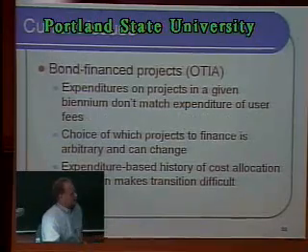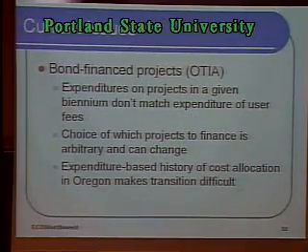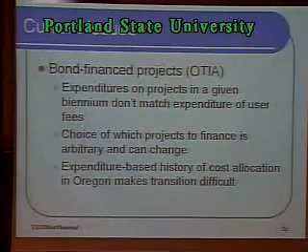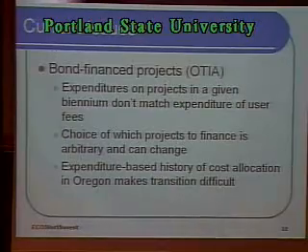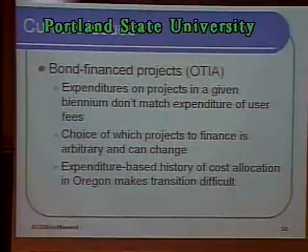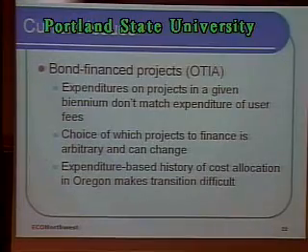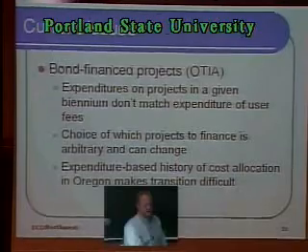Another big issue is the bond finance projects, as I mentioned before. The amount of expenditure in a given biennium doesn't match the expenditure of user fees in that biennium. So the question of, earlier we talked about the difference between a cost and an expenditure. Now it gets down to what's an expenditure.